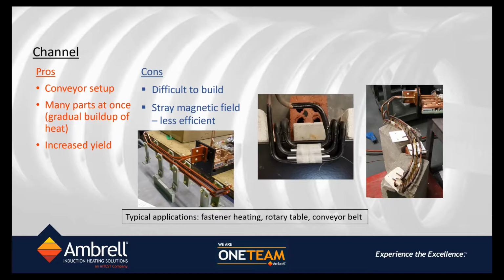Fasteners hold all mechanical devices together, and there are millions and millions of fasteners made every day. So if you had to heat the fastener for doing some process on it, it would be advantageous to look at a channel type coil, even though its efficiency is a little lower, because it allows you to produce parts at a high yield rate.